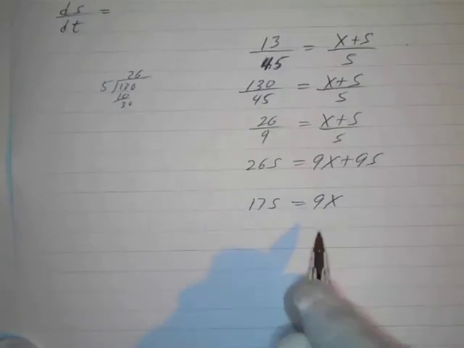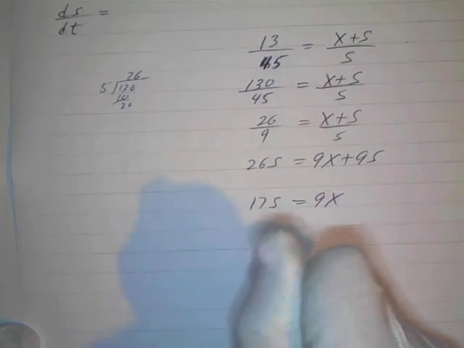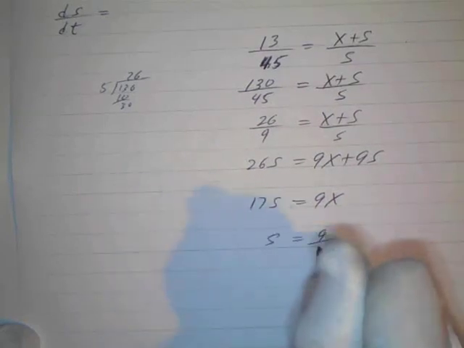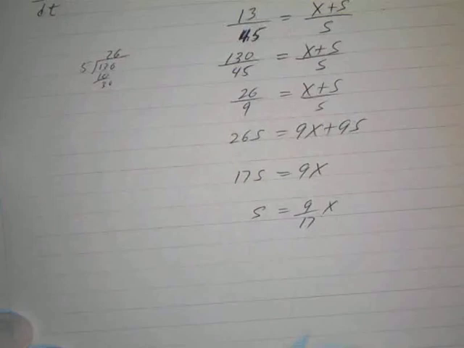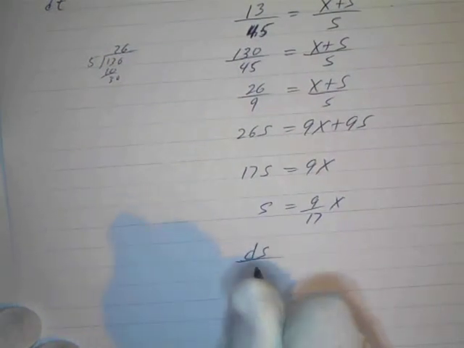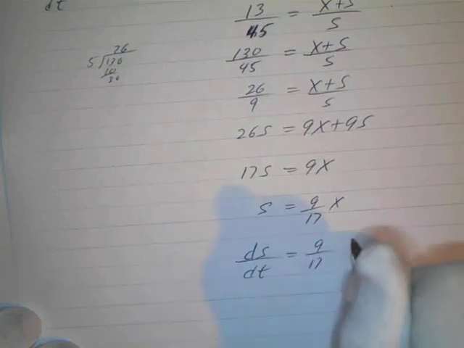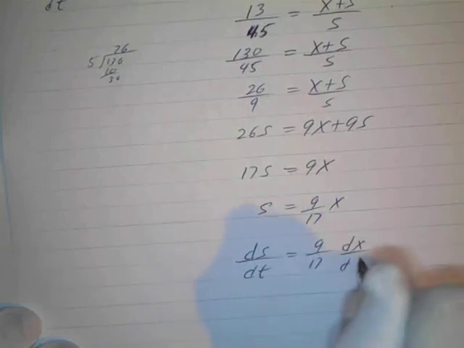Then I can solve for s because I want to find ds/dt, so I divide both sides by 17. So I have s equals 9 over 17 times x, and then I can just take the derivative with respect to t of both sides. ds/dt equals 9 over 17 times dx/dt.